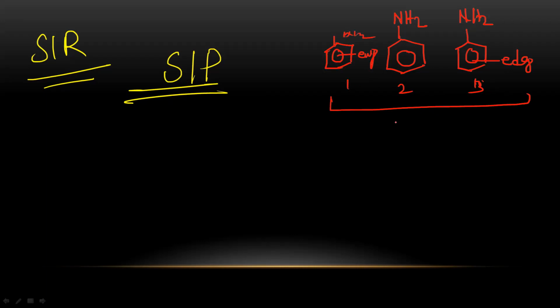If I ask you what will be the basicity order, I think you have already answered in your mind. So actually the answer is electron donating group will be most basic, because electron donating group will generate more negative charge on this nitrogen, that will repel the lone pair, and the lone pair will be more available to attack. So that will be acting as Lewis base.